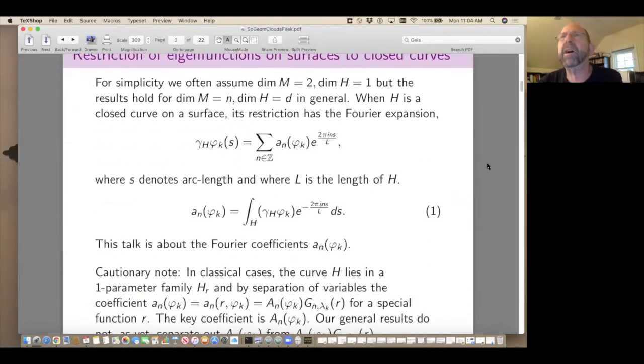Well, for most of this talk, I'm going to assume that my ambient manifold is two-dimensional and my submanifold is a curve, partly because it's easier to write down formulas.